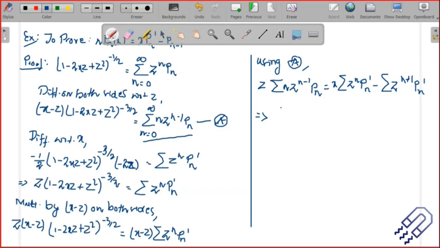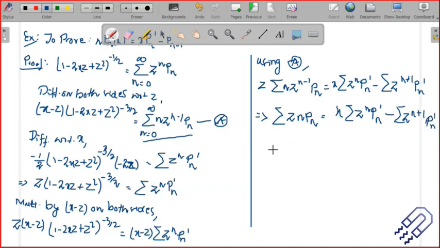So yes, we can just write it down as summation z to the power n n pn is equal to x, I'll take it out, this is also z to the power n, this is pn dash minus summation, just leave this like this.